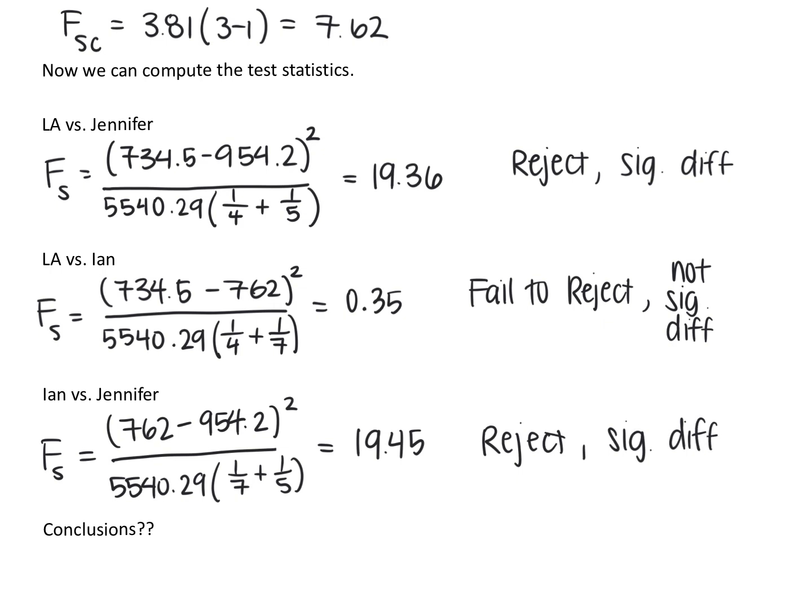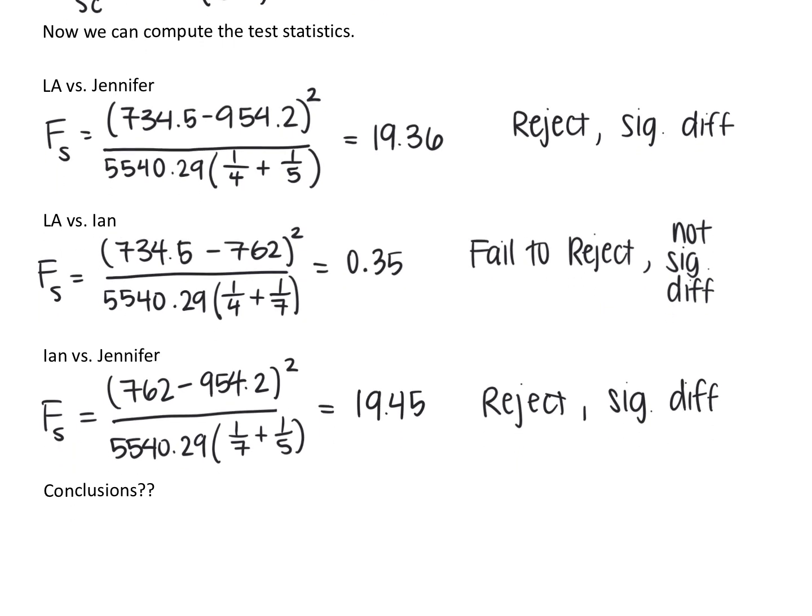Now I want to make some conclusions. So now what I'm going to do is look at the pairs of means I rejected. And I rejected LA versus Jennifer and Ian versus Jennifer. And we want to see, is there a common person in that pair of means? And that person is Jennifer.